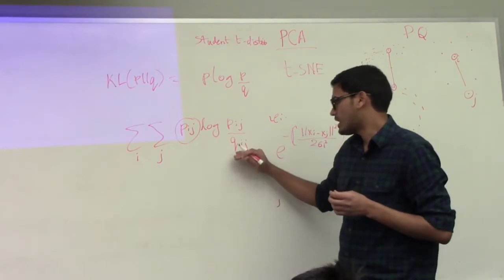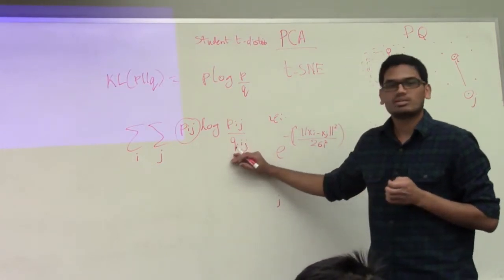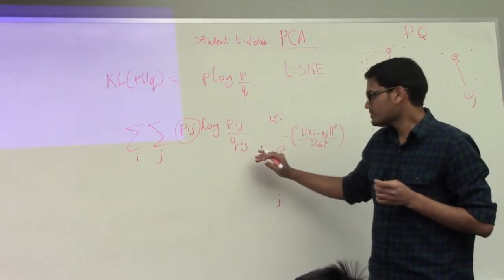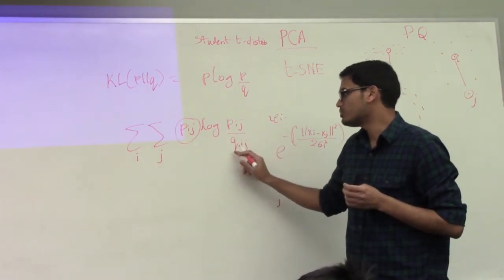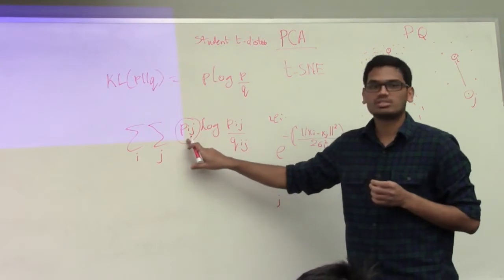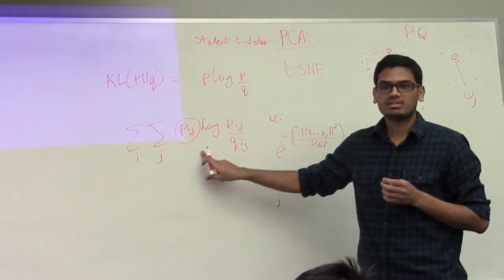Basically, you want to have Qij large as well. But if you keep Qij small, then you pay a large penalty because Pij was large.